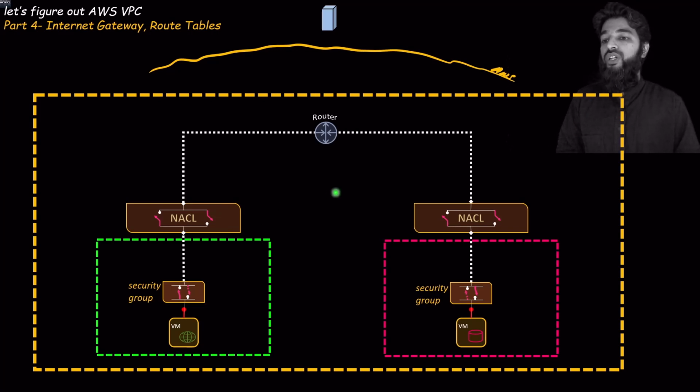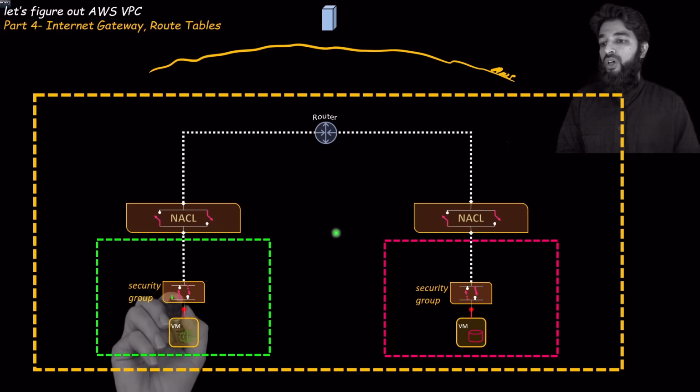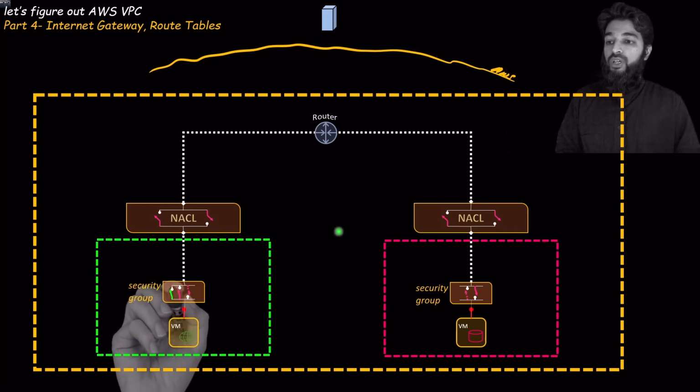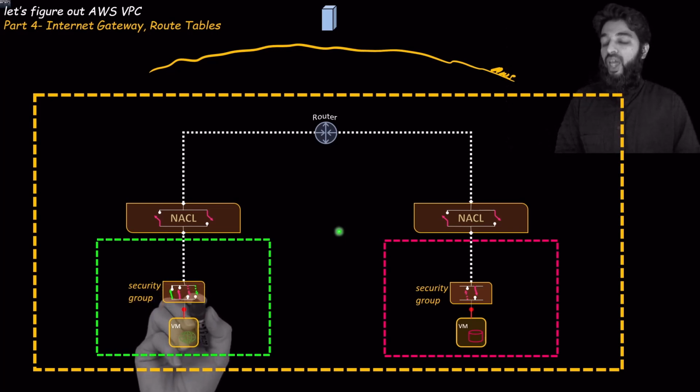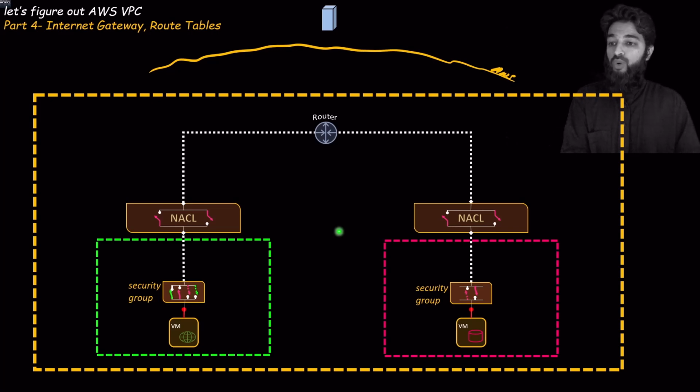So we need to configure rules at the security group level saying to allow an outbound HTTP connection. And likewise, an inbound rule for the HTTP response will be automatically created because security groups are stateful.